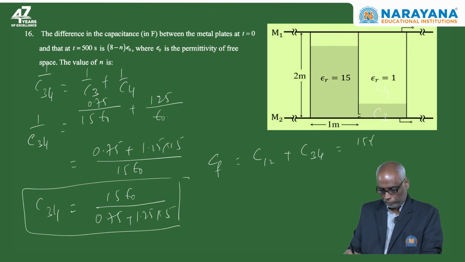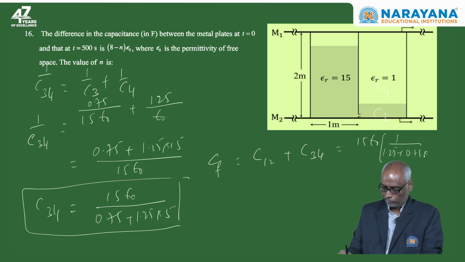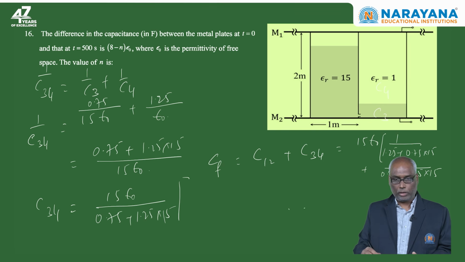That should become 15 epsilon naught times the sum of the two reciprocal terms. After calculation of this final capacitance, we get this value as 128 divided by 65 epsilon naught.